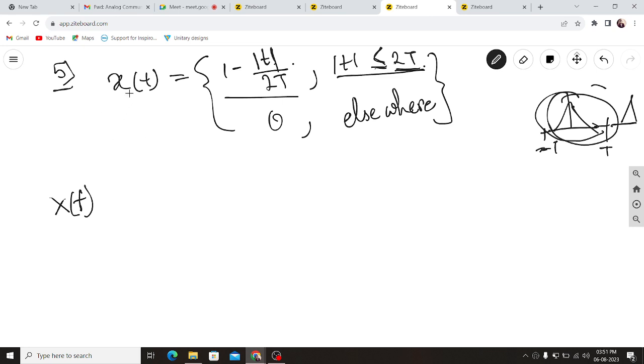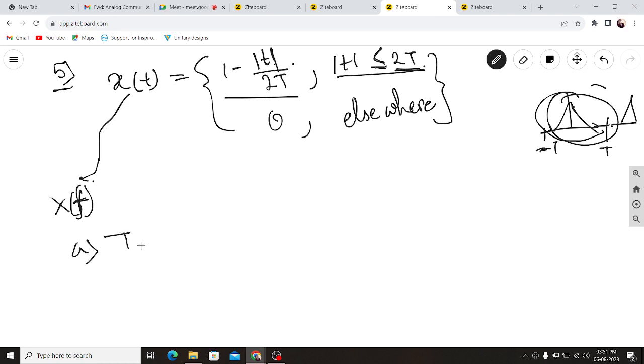So this x(t) will have a Fourier transform, X(f). The question is, what will be the Fourier transform?